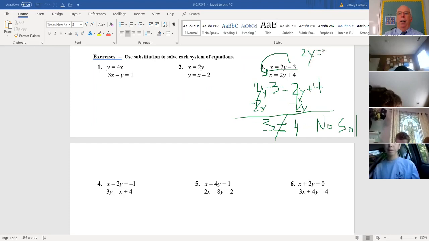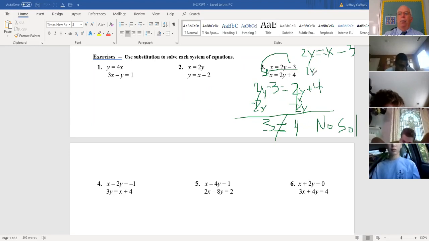They are parallel lines. If you look up at the top, I am rewriting these two equations in slope-intercept form. I'm moving the two y's and the x's. It's messy, isn't it?